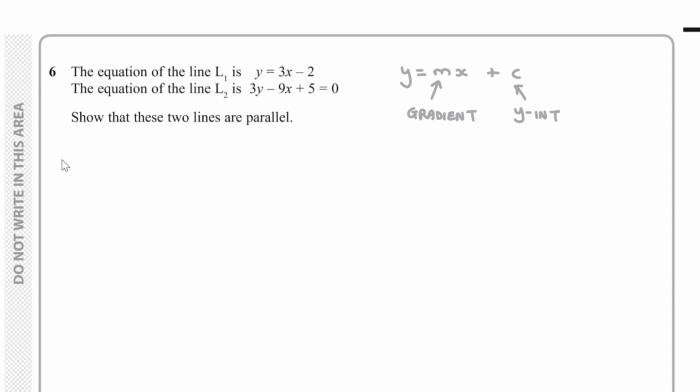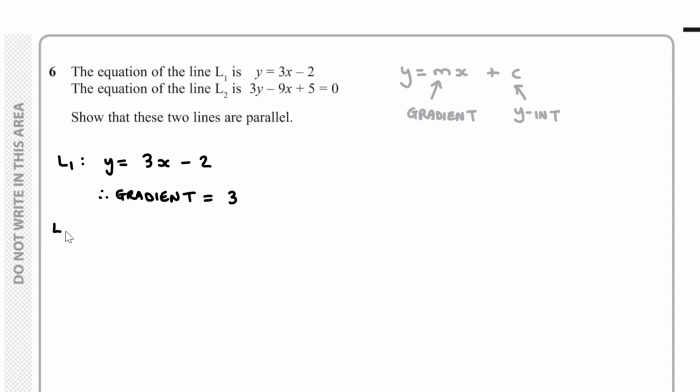So if we take a look at line L1, that's already in the form y equals mx plus c. We have y equals 3x minus 2, and therefore you can see that the gradient of this line is equal to 3.